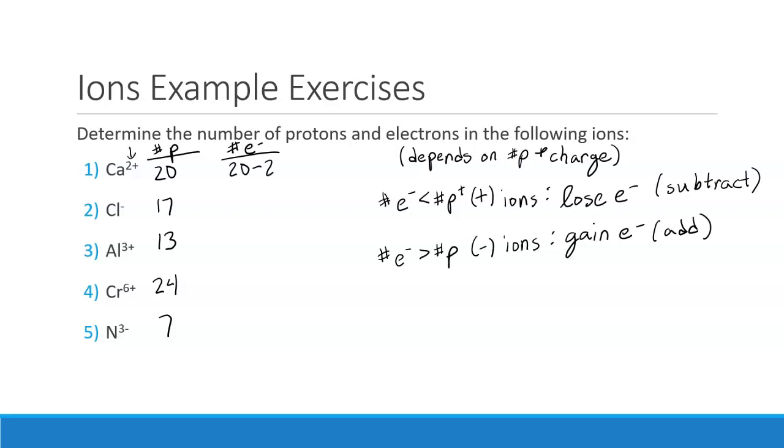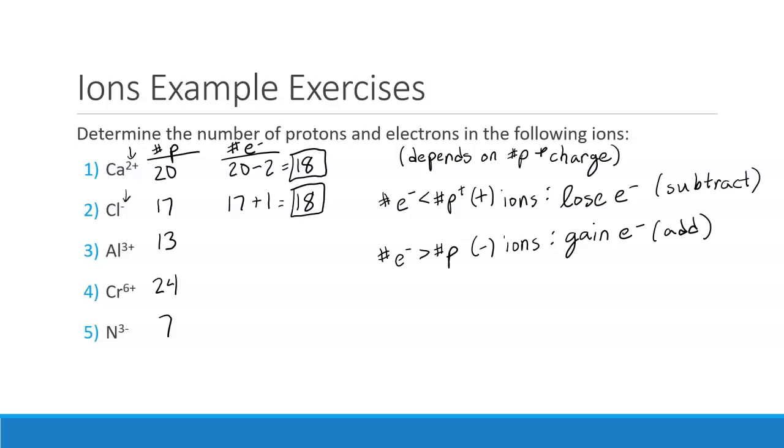And 20 minus 2 gives us a total of 18. Okay, chlorine is a negatively charged ion, so therefore we need more electrons than what we have as protons. So we're going to take 17, and because that's a -1 charge, we're going to add 1 electron, giving us a total of 18.